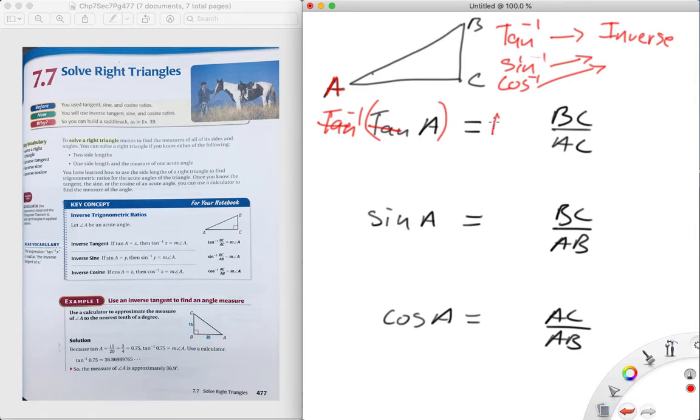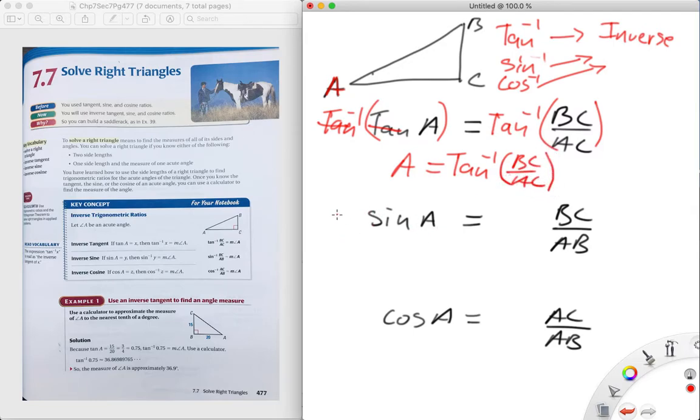Of course, what I do on one side, I must do to the other. And what happens is that I am left with the angle. So then I have the angle is equal to the inverse tangent of the ratio.